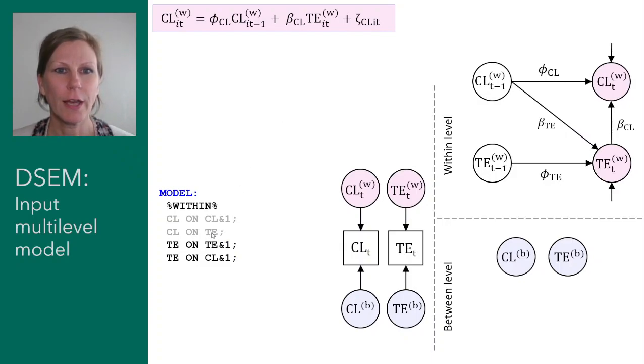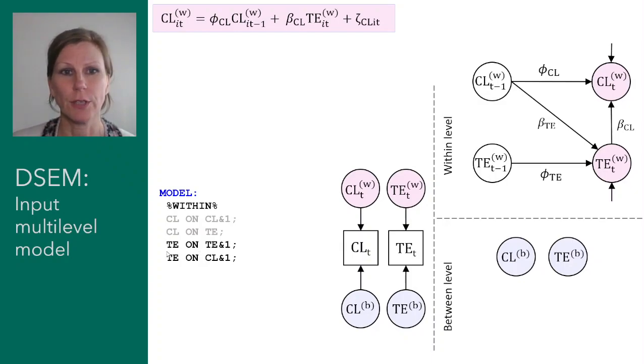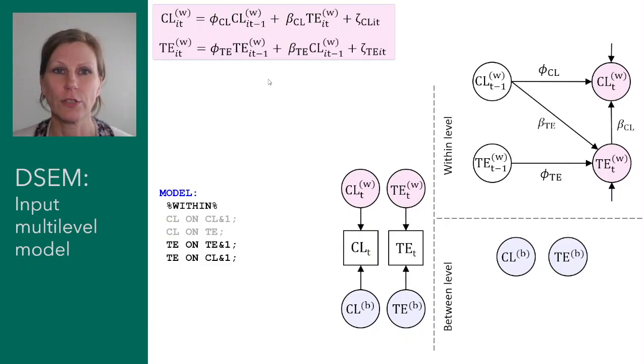We can also add a model for the tension variable, where the tension variable is now the outcome variable. So we regress tension on tension at the previous occasion, so yesterday, and also tension on closeness yesterday. So that's how we add these two arrows to our plot. We can then write this also as a regression equation.